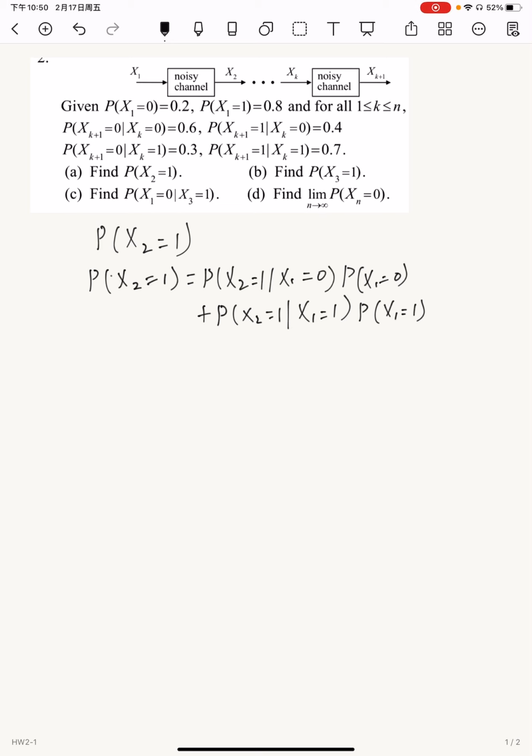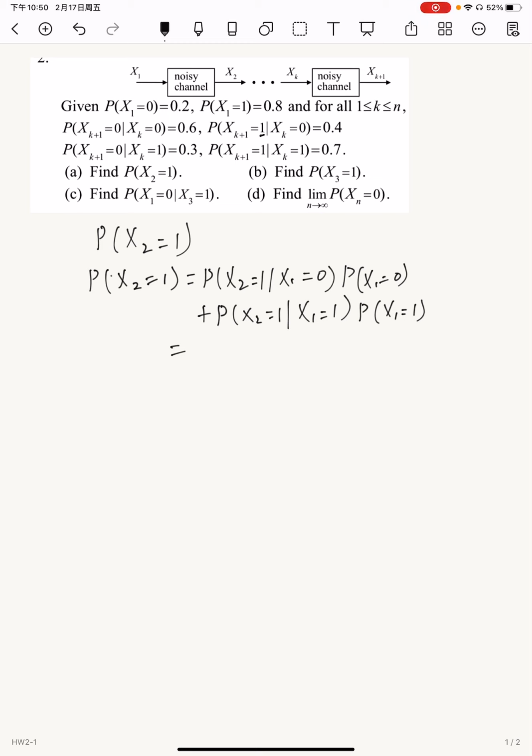And let's calculate this. P(1|0) is from the problem.